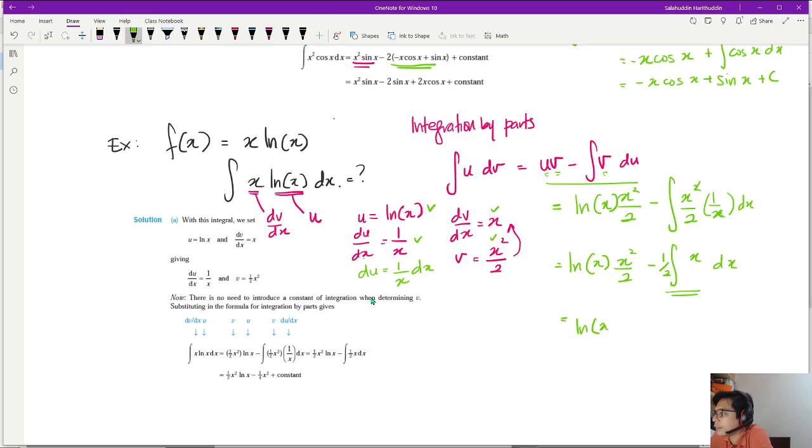So x squared over 2 times natural log of x, minus x squared over 4, plus c. Don't forget the constant. So that is my final answer. Let's see if it's the same as what is done here. Oh yeah, it's the same.